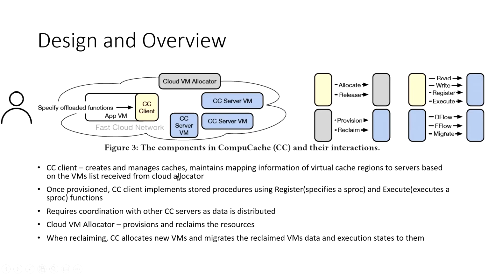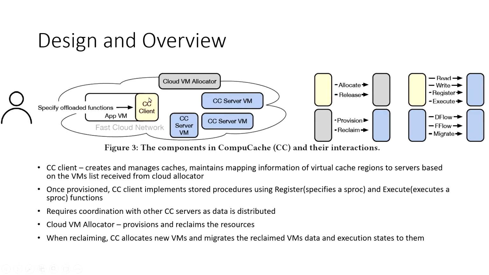And the CC client also has the ability to maintain a mapper. For example, whenever a CC client tells the Cloud VM allocator, I need this much memory or this many cores, then Cloud VM will see and allocate either one particular machine that satisfies all the needs, or it can spread across the VMs and say, okay, this is the list of VMs that satisfies your needs for this particular computation.